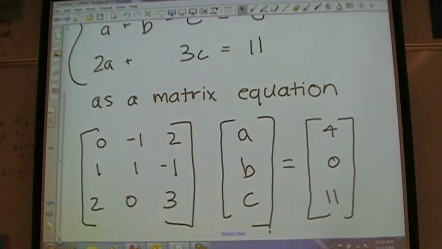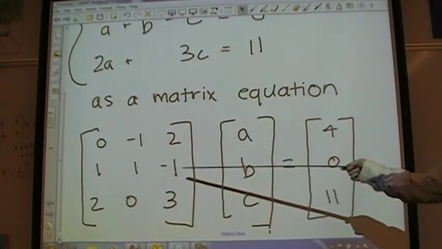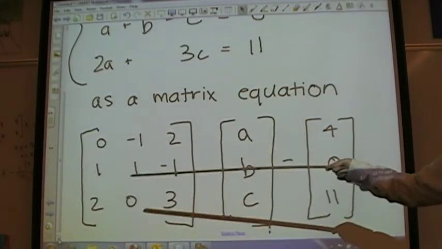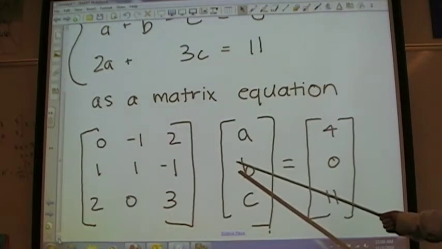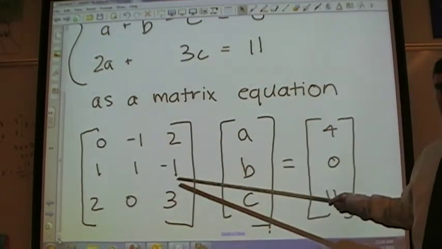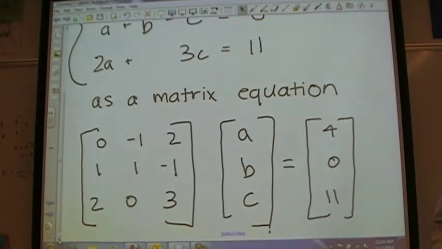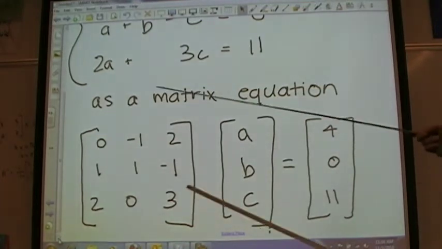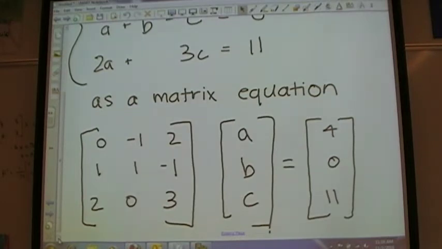You have to solve it now? Then you will have to solve it. Now this type, you'll have to use your calculator. Because how do you solve any matrix equation of the form AX equals B? A inverse B. And the only way we can do an inverse of a 3 by 3 is by a calculator. Now a 2 by 2 we can do by hand, and we just did that on the board.